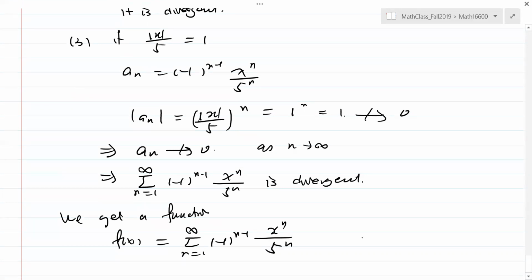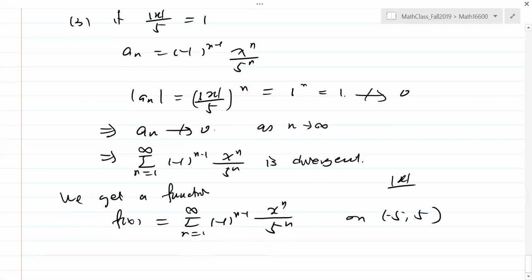So we get a function on the interval absolute x less than 5, from negative 5 to positive 5, because this series is convergent for absolute x over 5 less than 1. Oh, it's a nice function, right?